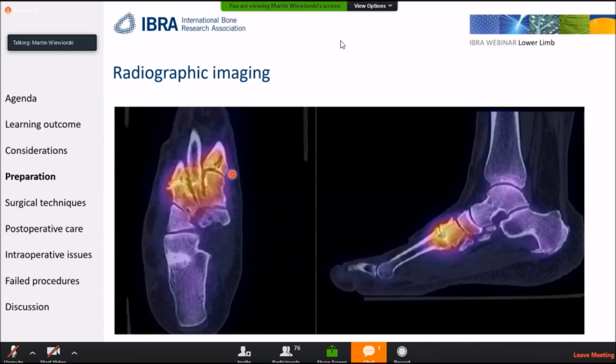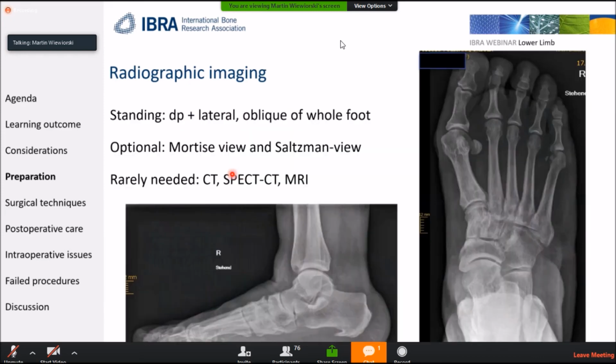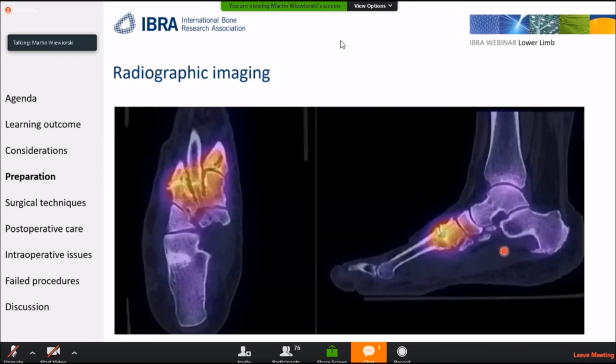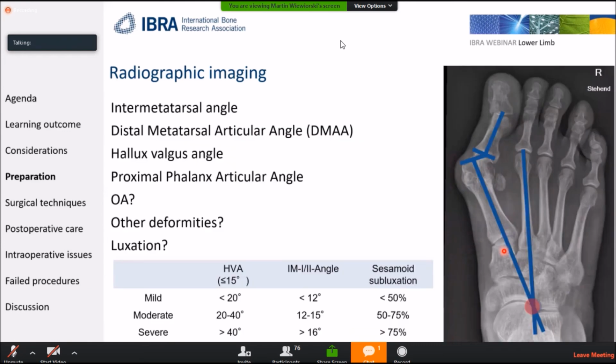I think this also changes the indication for your surgery, because in this case you don't want to only correct the hallux valgus, which is bothering for the patient, but also want to address the TMT 2 and 3 joints. So in this case, for example, you might do a TMT 1 to 3 fusion. So a SPECT CT or a CT can be really helpful in some cases.